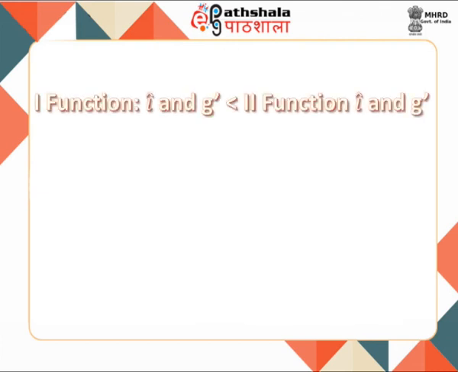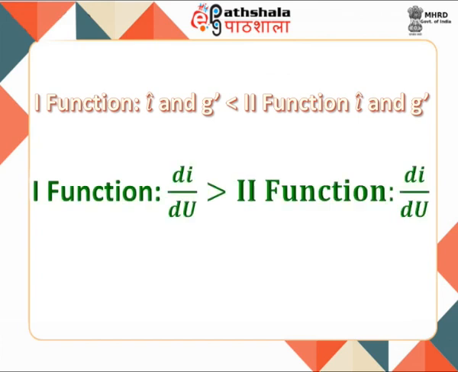In the first function, both I cap and G dash are comparatively less than in the second function. As a consequence, delta I upon delta U of the first function is more than, in absolute terms, that is ignoring the negative sign, delta I upon delta U of the second function.